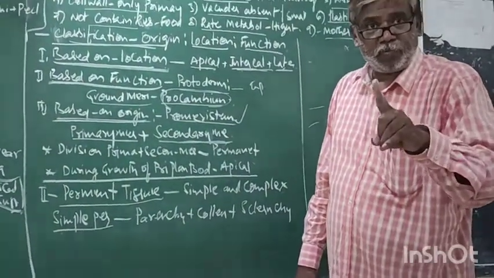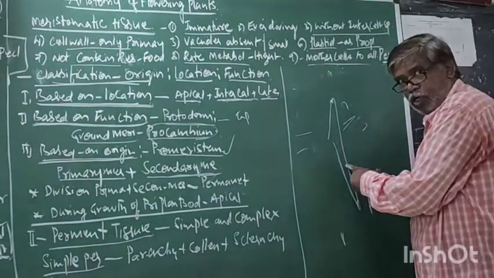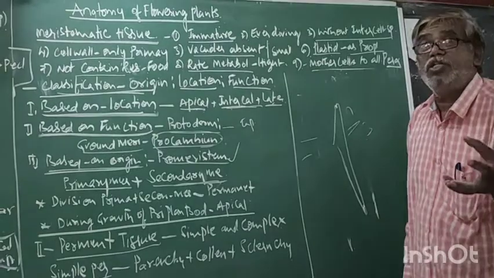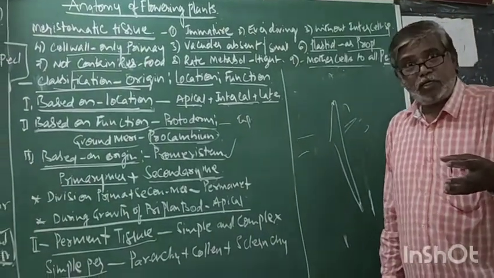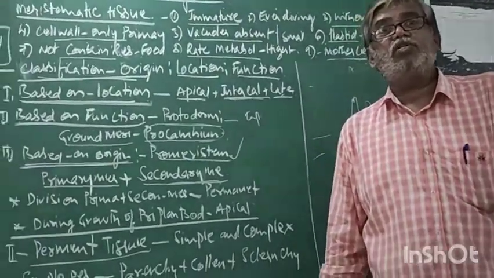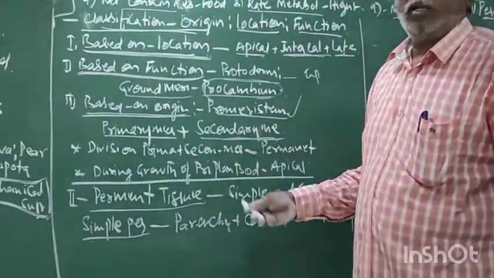This ability is de-differentiation into meristem according to need. Such meristem is called secondary meristem.